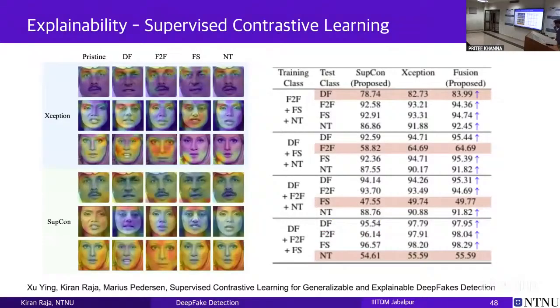Again, to motivate you for the explainability part: if you look at this explainability part here, you see that the network is showing something. For instance, the Xception network is focusing on the regions in the face area, right? In most of the images.